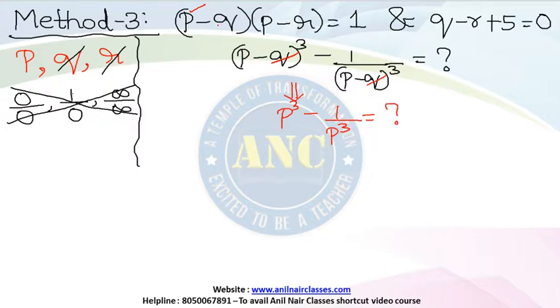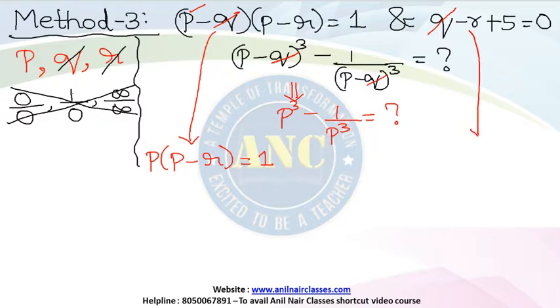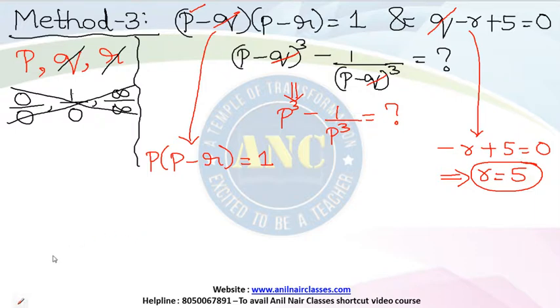And similarly here also, q value 0. This equation reduces to p into p minus r equal to 1, and here also with q value 0, minus r plus 5 equal to 0, which is nothing but r equal to 5. That means the moment you put q value 0, you also get to know the value of r.